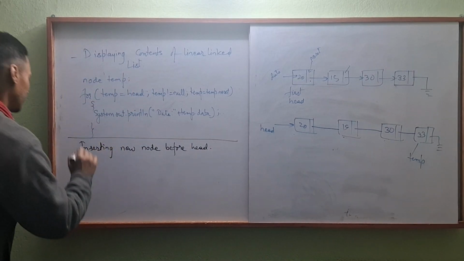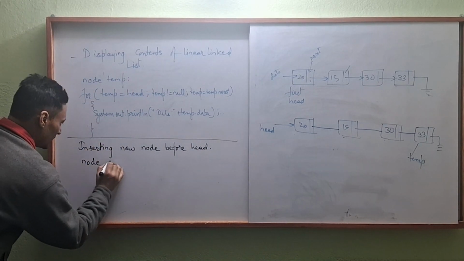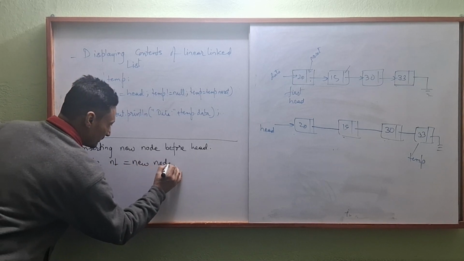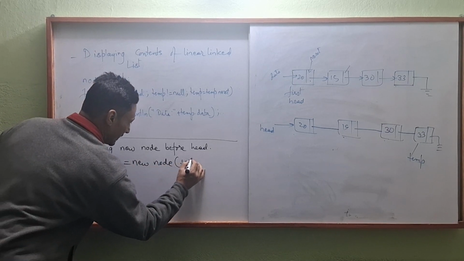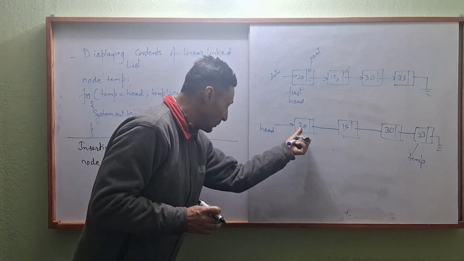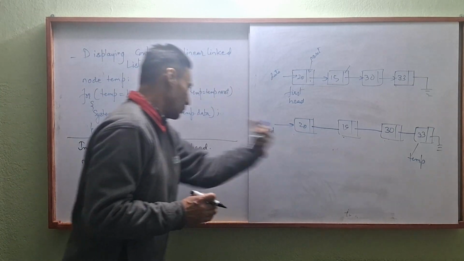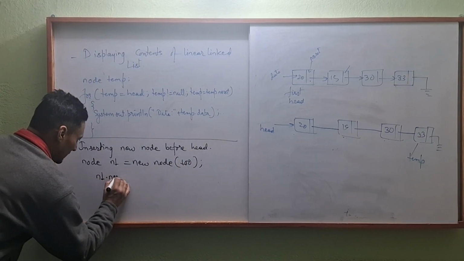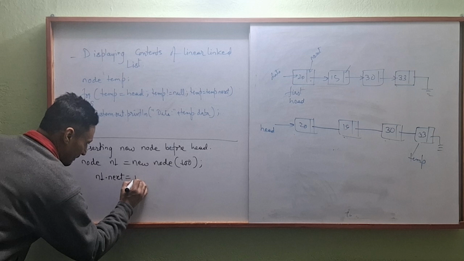For this we will be creating a node. Suppose n1 is equal to new node, and we pass the value 100. Now we have to insert 100 before this 20. So what we do here is simply n1.next is equal to head.